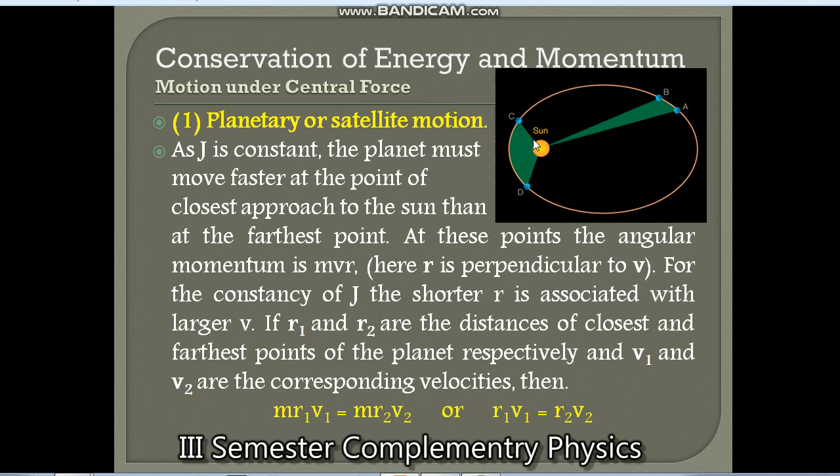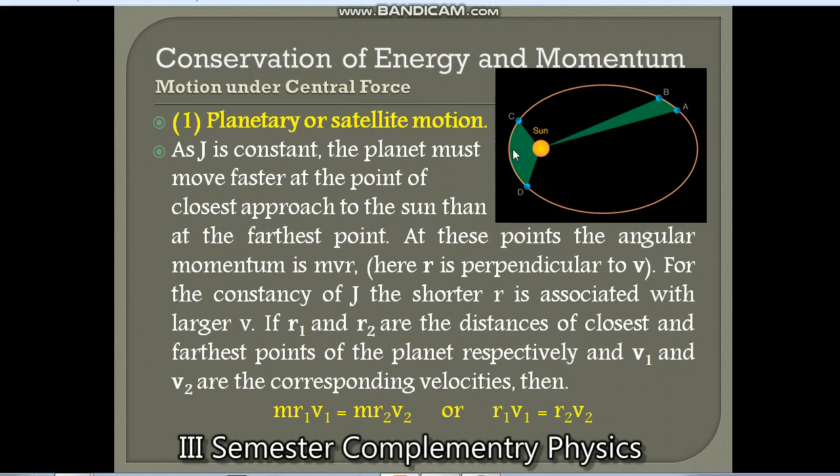That is, these two shaded regions should be the same. It means that when the planet is moving farther away from the sun, the velocity will be small, but when the planet is moving near to the sun, the speed of the planet will be very high. The smallest speed will be there when the planet is at the farthest point from the sun, and when the planet is closest to the sun, the speed will be maximum.